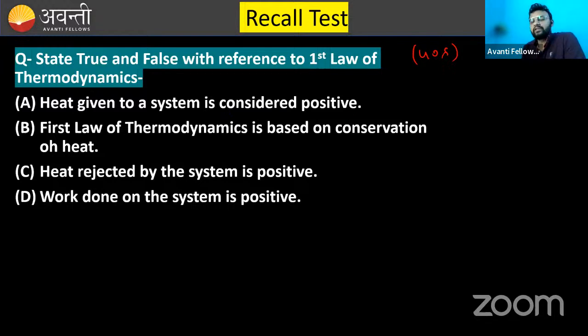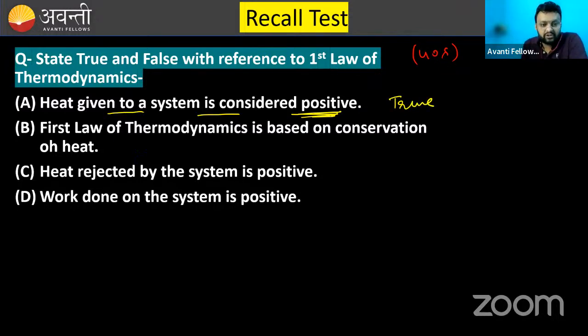In the previous section, when we studied the first law of thermodynamics, we used some sign convention. So this is clearly a question of sign convention. Heat given to a system we considered positive, so the statement is correct, and we will write it as true.